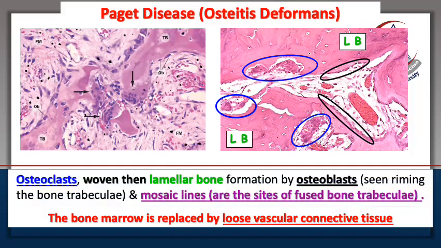Osteoclasts perform the osteolysis. Osteoblasts will produce a woven bone, then lamellar bone. Finally, mosaic lines are seen and the bone marrow is replaced by loose vascular connective tissue.